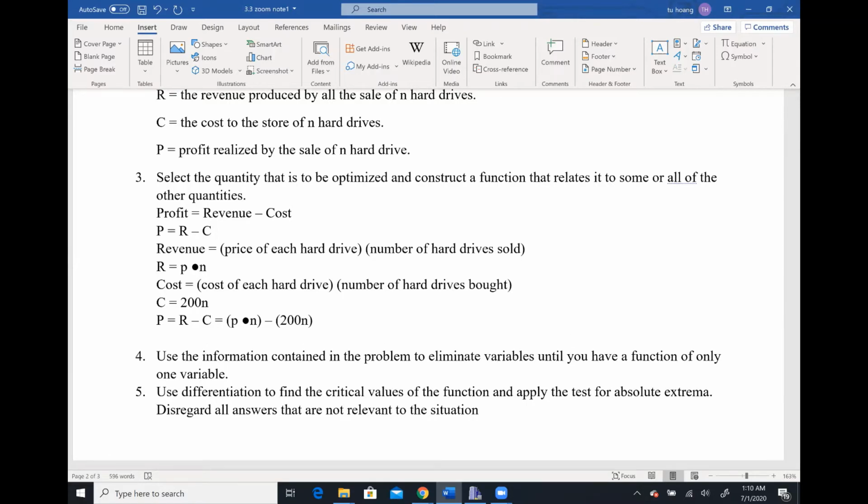In short, I have P equal to Pn minus 200N.